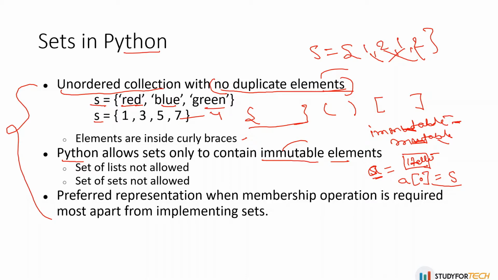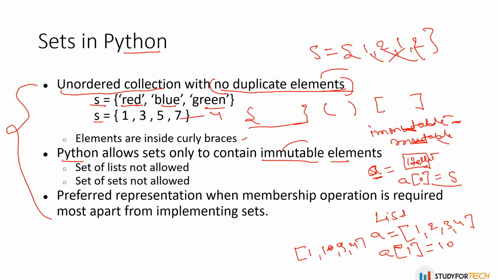And mutable means, when we have a list, let's suppose 1, 2, 3, and 4, and you want to change the first index of this list to 10, the resulting list would be 1, 10, 3, and 4. That means you are allowed to change the content of a list because it is mutable, but you are not allowed to change the content of a string because it is immutable.